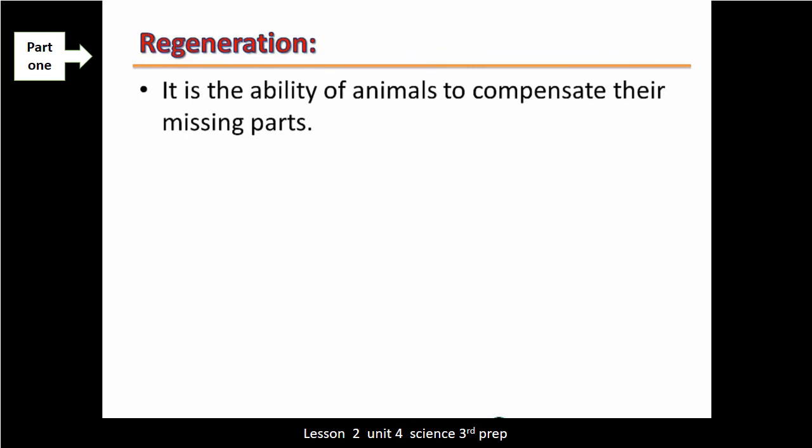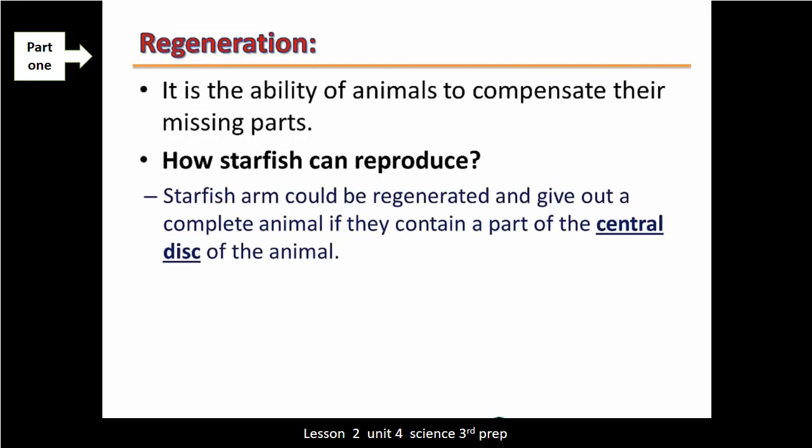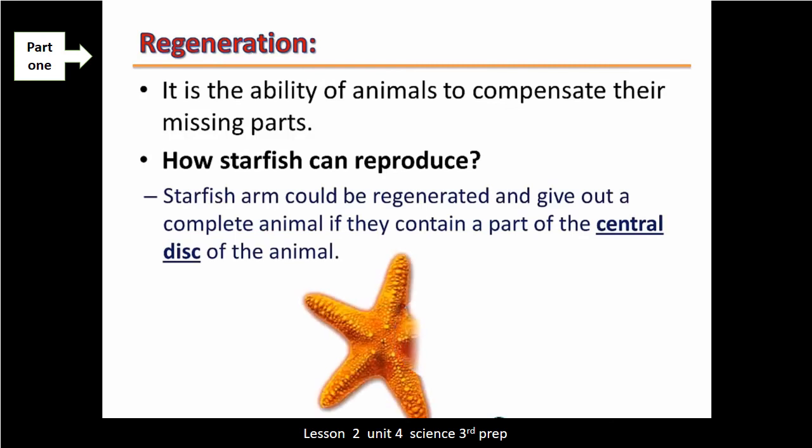Regeneration. Regeneration is the ability of animals to compensate their missing parts. How can starfish reproduce? A starfish arm could be regenerated and give out a complete animal if it contains a part of the central disc.